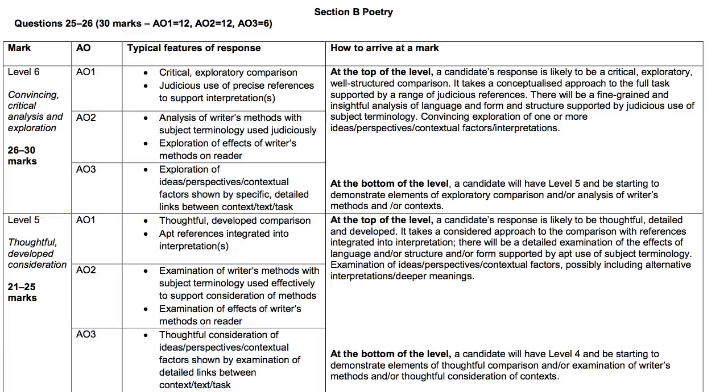Okay, now when we look at the next bullet points that they're after, exploration of the writer's methods or the writer's ideas or perspectives, you will notice that the word evaluative is not there, nor is it here, nor is it in this bit here. So why does the examiner think evaluation is a good thing?